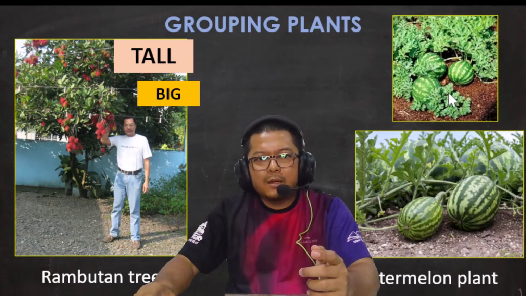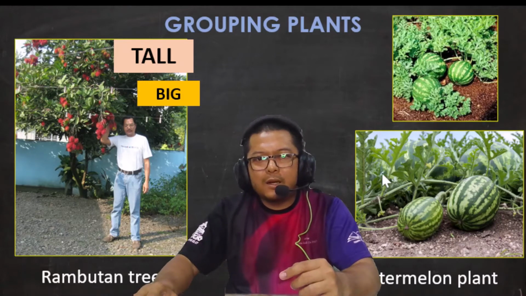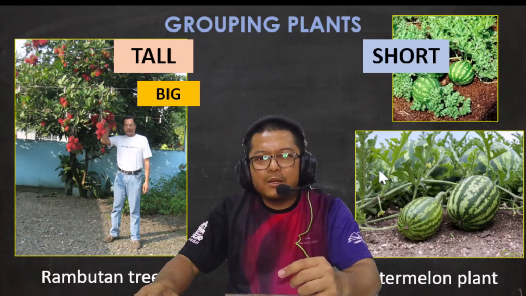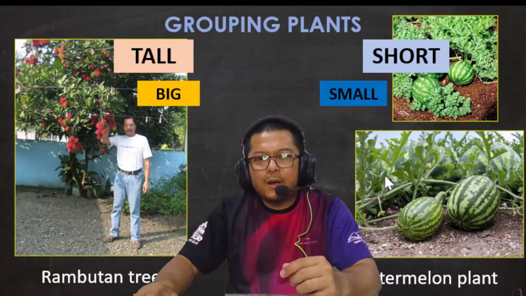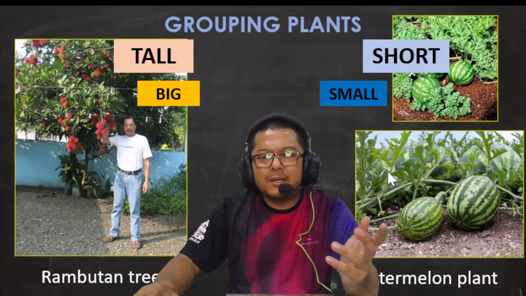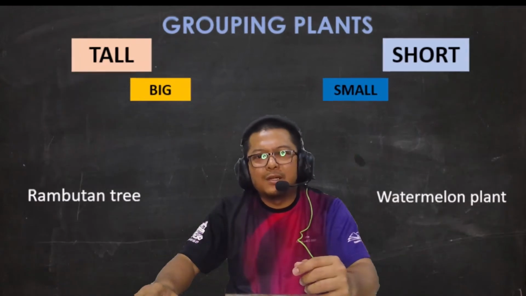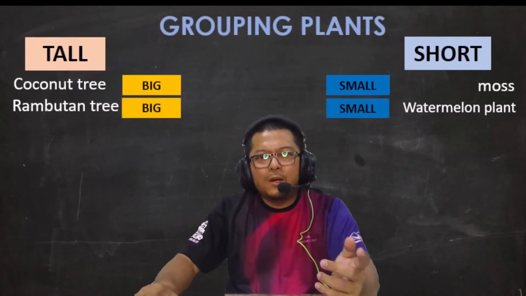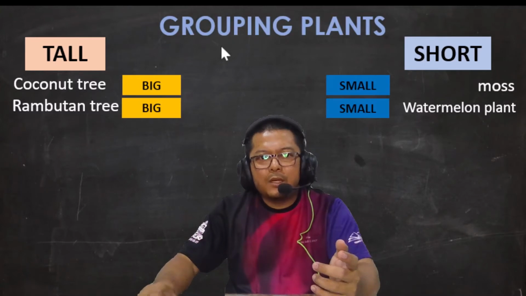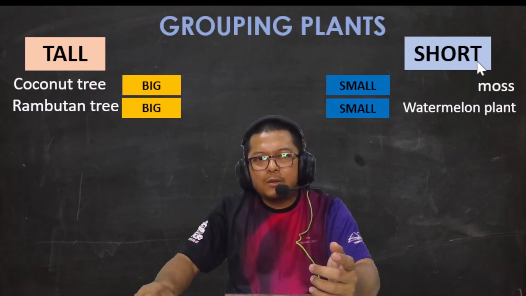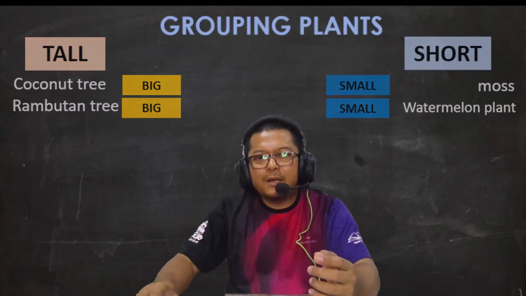And next, watermelon plant. Watermelon plant grows on the ground. So watermelon is short and quite small. The plant itself is quite small. The fruit is big, but the plant is small. Okay, so rambutan tree would be in tall group and it's big. Watermelon plant would be in short group and it's small.